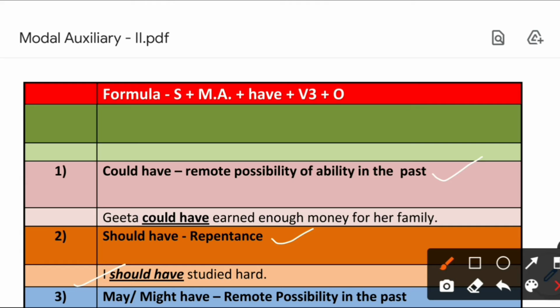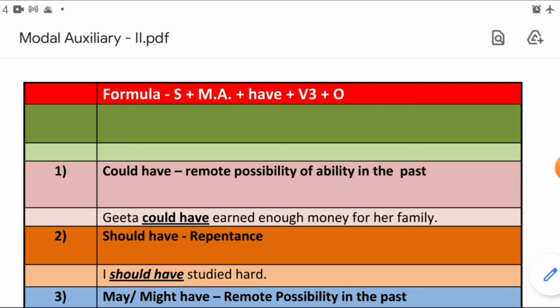I should not have paid more attention to other activities apart from studies. Such things are there in our life, right? So that is what repentance is.